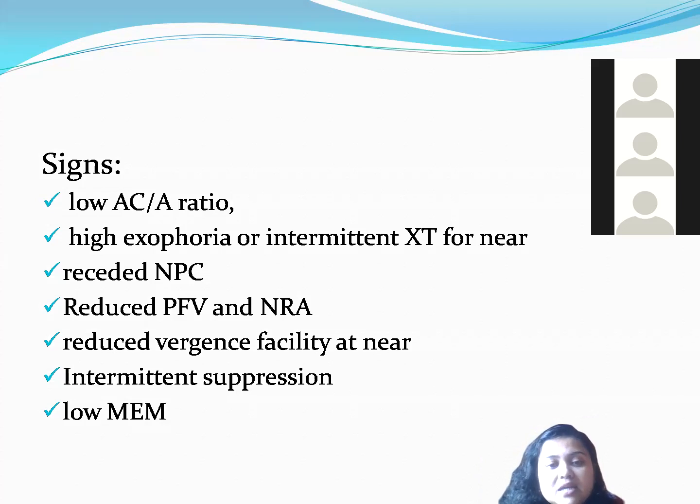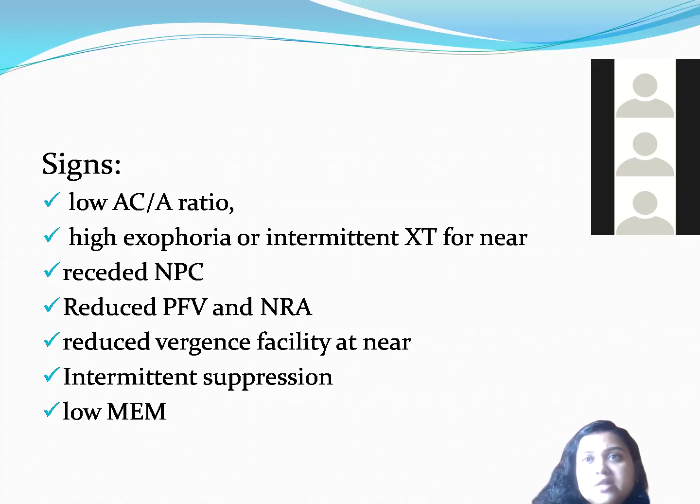Okay, so to maintain fusion, while measuring the NRA, what will work? Your positive fusional convergence will work. So I was wrong when discussing earlier. Basically, NRA is an indirect measurement of the positive fusional convergence. Why?